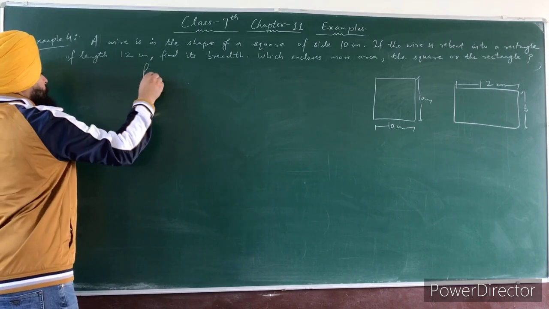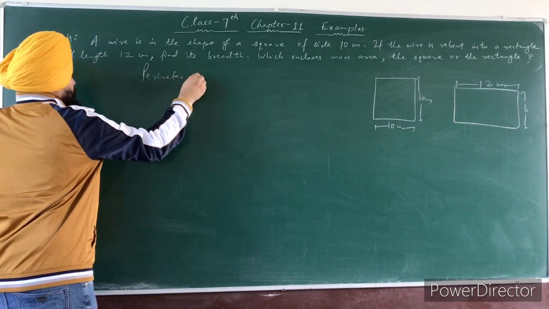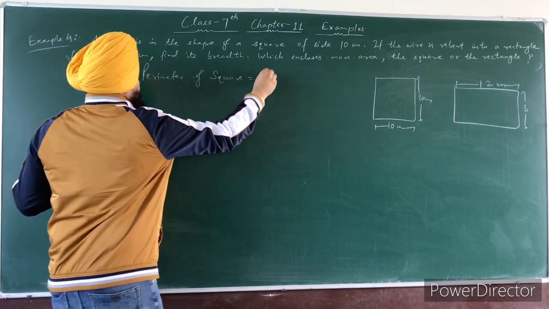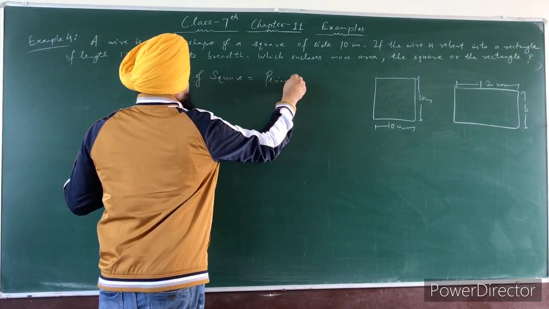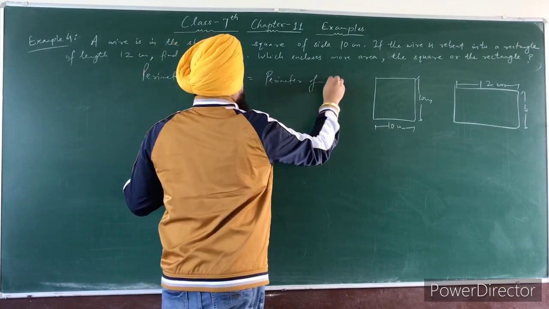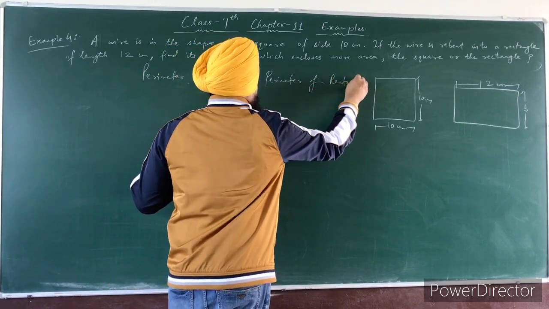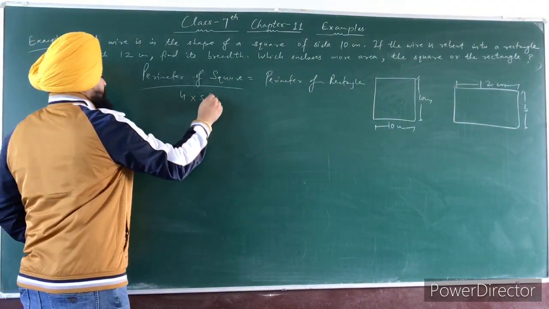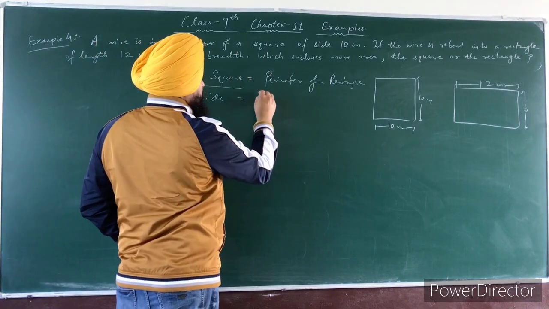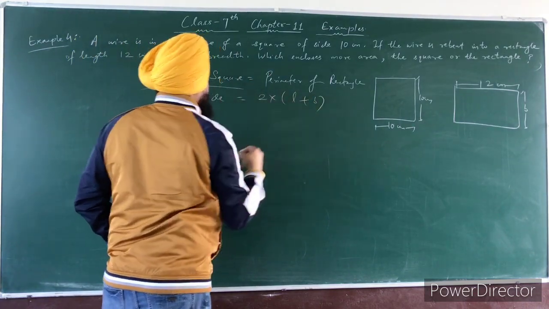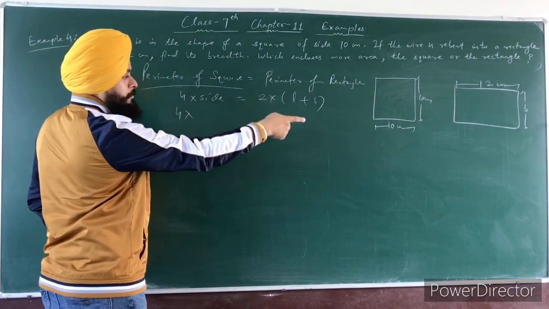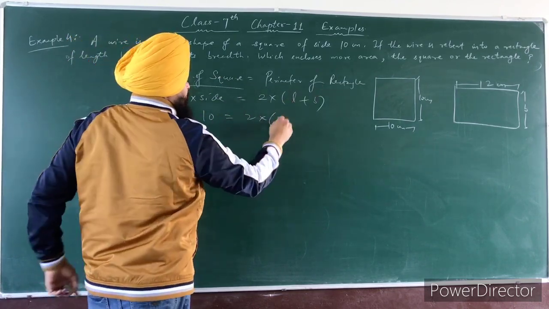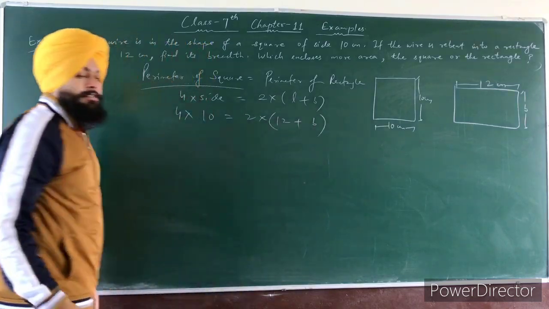So you can write here perimeter of square is equal to perimeter of rectangle. So the perimeter of square is 4 multiplied by side, and the perimeter of rectangle is 2 into length plus breadth. 4 into side of the square is 10, 2 multiply length of rectangle is 12, we have to find its breadth.